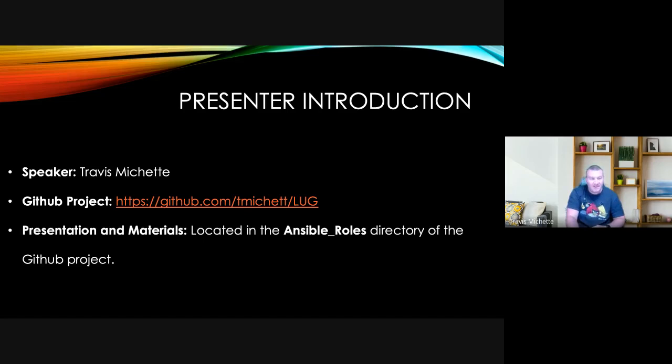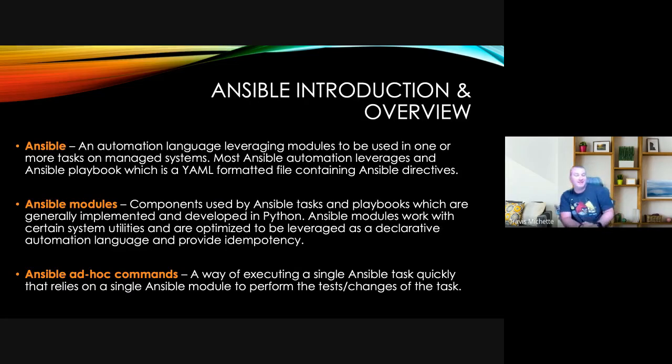So this presentation and all materials are coming out of the Ansible roles directory because it was meant to be done in a single night, but we had too many questions and too much hands-on to do that in an hour.